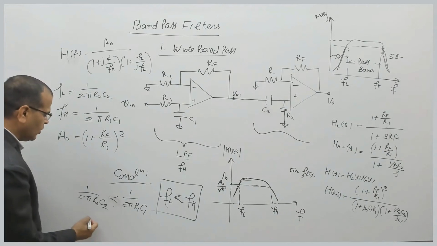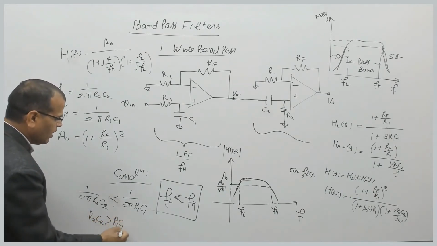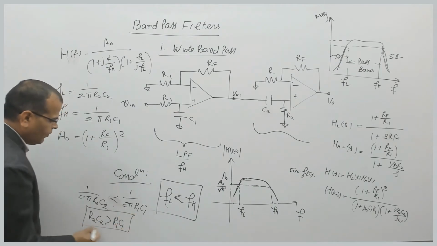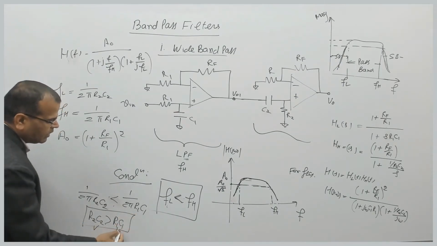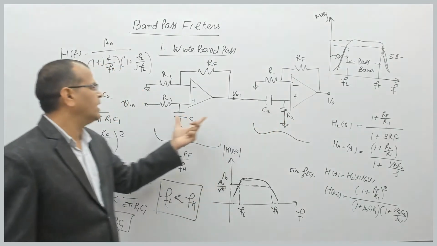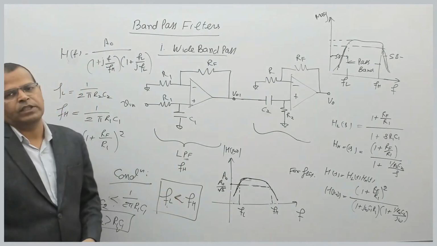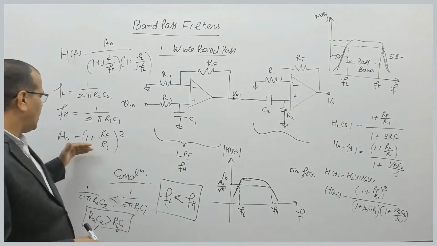I'm sorry, there was a mistake, that is the correction. Or this gives R2C2 should be greater than R1C1. And this R and C product is also called the time constant. So the time constant of this stage should be greater than the time constant of this stage, right? So that is how you can find the relationship.